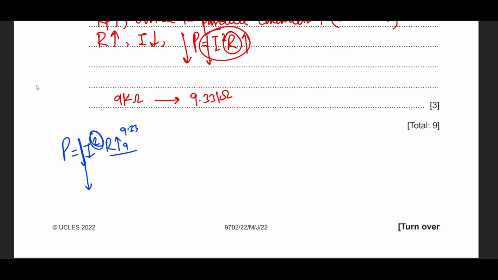The effect of the square power is going to be greater as compared to R. So the overall power is going to reduce. That's why the answer to this question is that the power is going to get reduced, based on the idea that power is proportional to I squared R. Okay, so I hope that we understand a lot of things by this question.